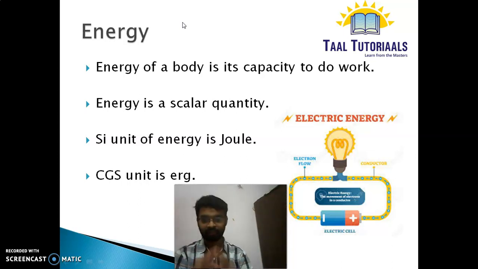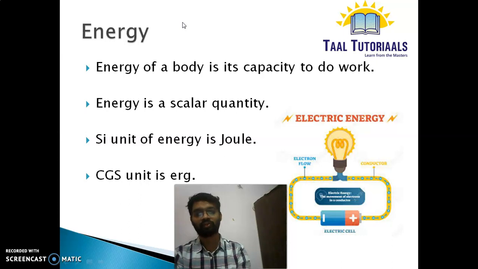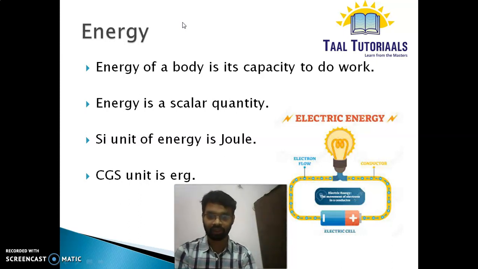When a body does work, its energy decreases, while if work is done on the body, it increases. Like work, energy is also a scalar quantity. The SI unit of energy is joule, CGS unit is erg.